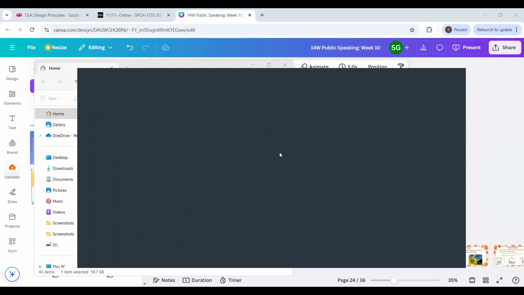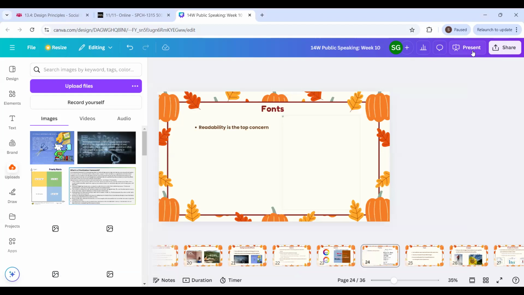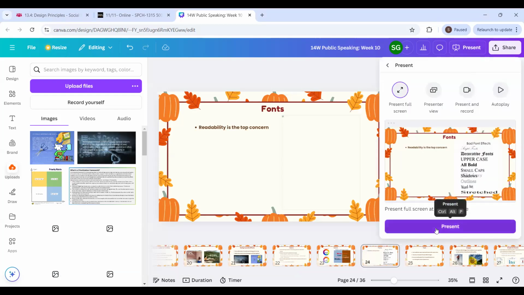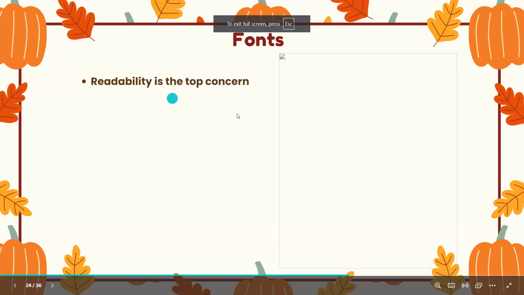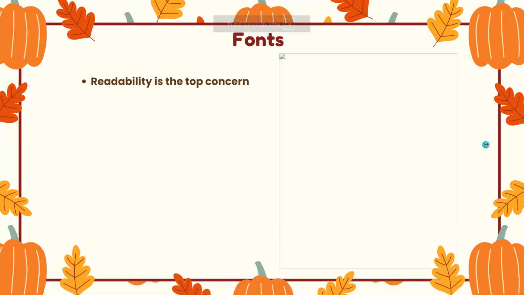Like using all uppercase, using a font like I decree, having things all bolded, using something in all small caps, outline, shadows, word art stretched. Just honestly very, very ugly fonts. But again, always think about readability. That is your top concern.